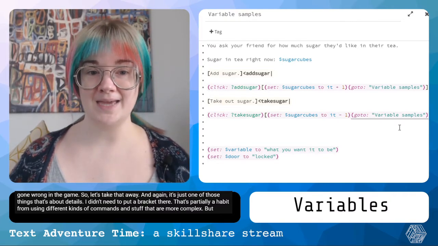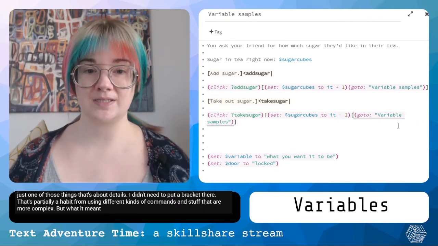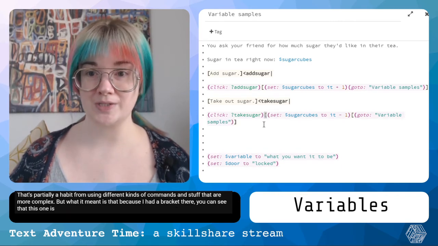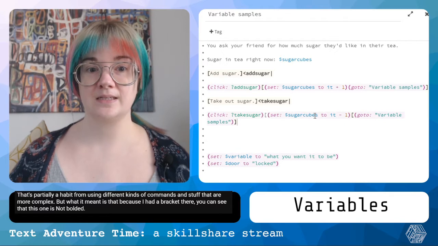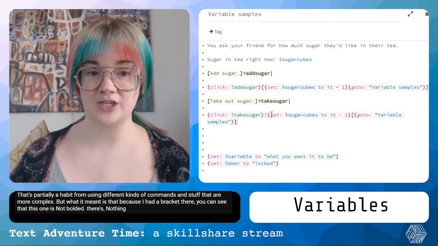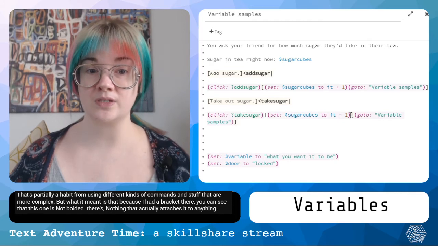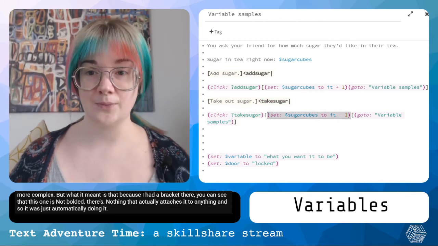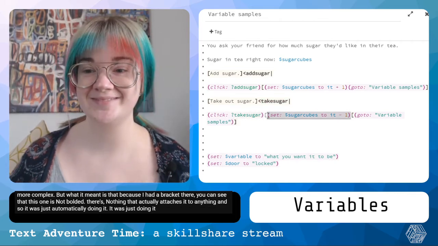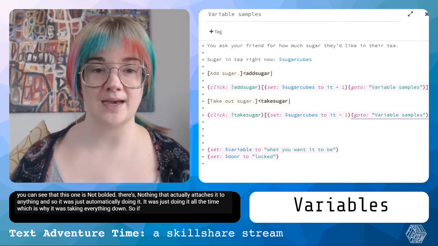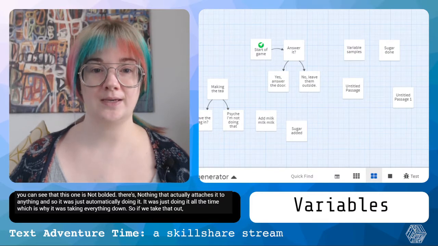But what it meant is that because I had a bracket there, you can see that this one is not bolded. There's nothing that actually attaches it to anything, so it was just automatically doing it all the time, which is why it was taking everything down. So if we take that out and then go here.